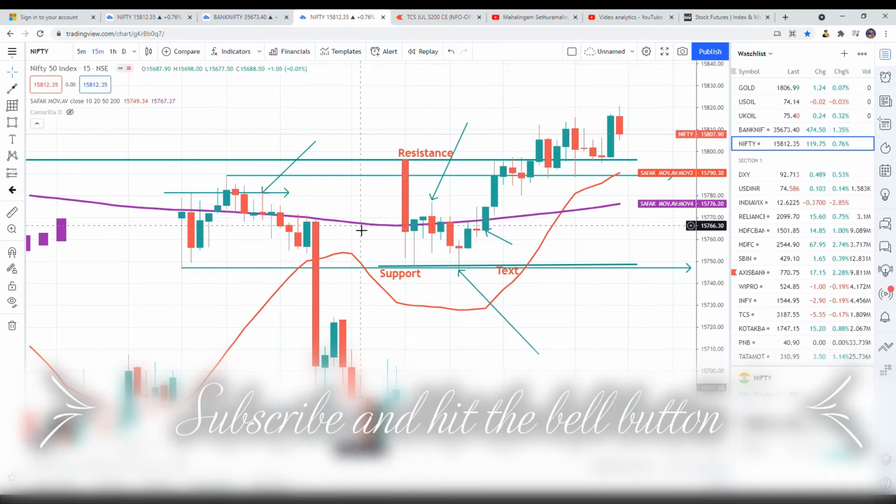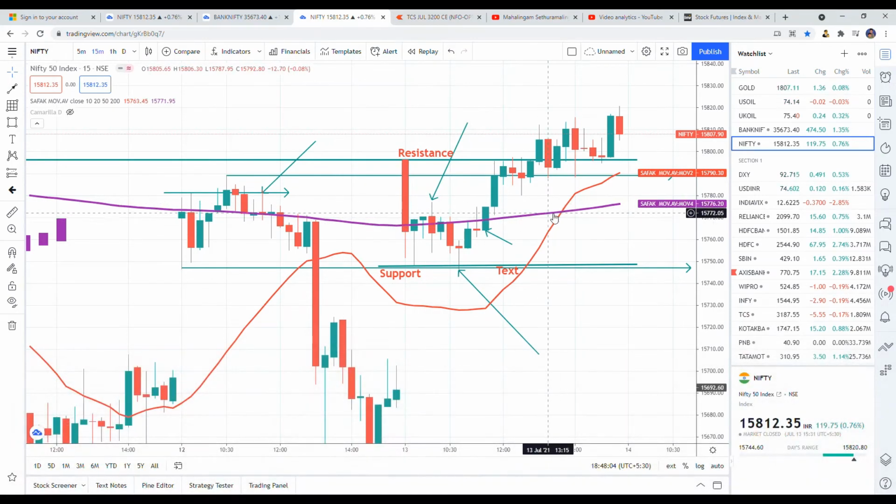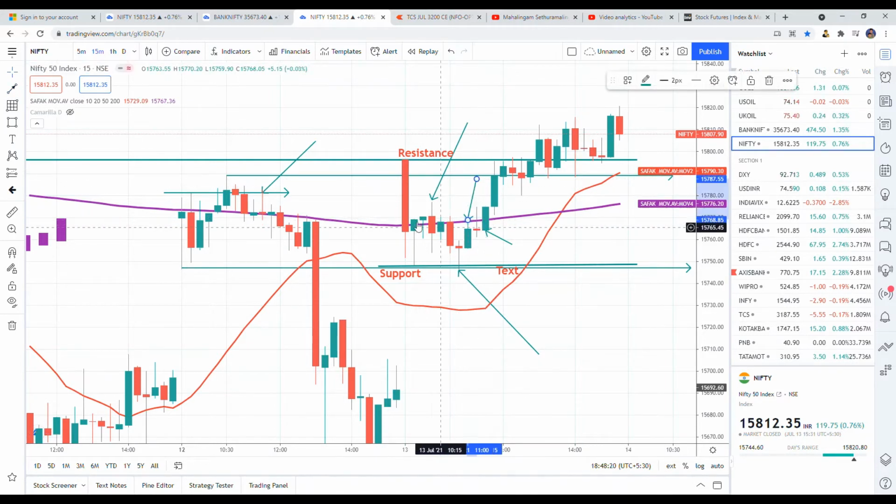This is the 200 moving average. Okay, on the morning of 13th July, if you are not an experienced trader, you may take a short trade at this candle, or this candle. Why?